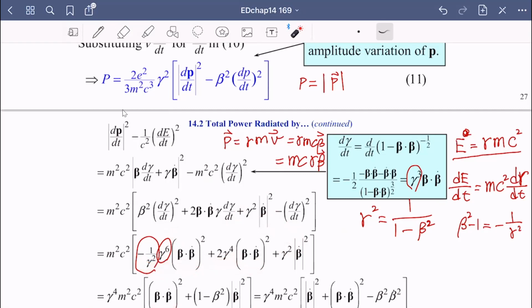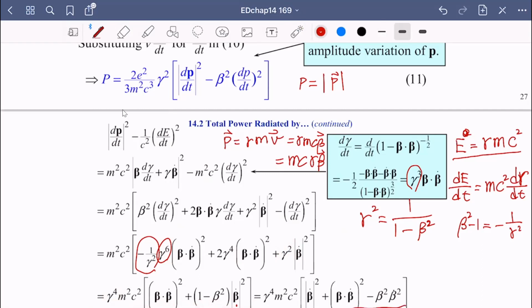And here we have gamma squared beta. And we can move gamma to the 4th to the front. And here we will divide it by 1 over gamma squared. And we will change to this form. So everything will be related to beta and beta dot. So gamma to the 4th, m squared c squared, beta dot here, minus beta squared, just separate them.